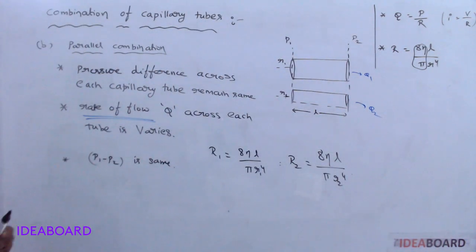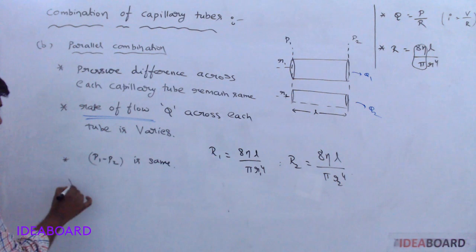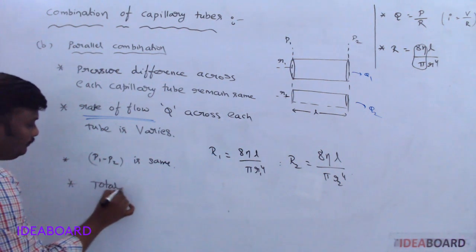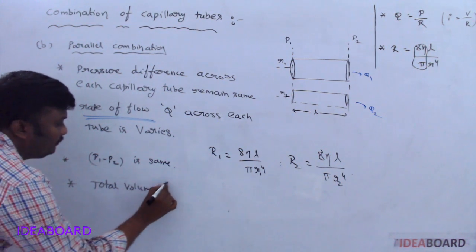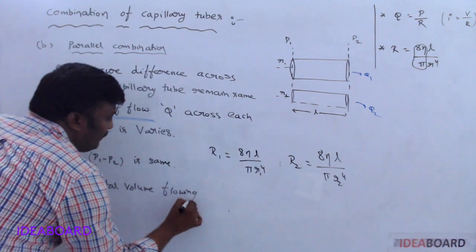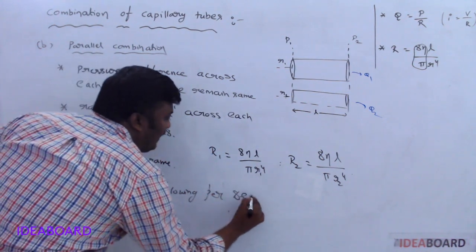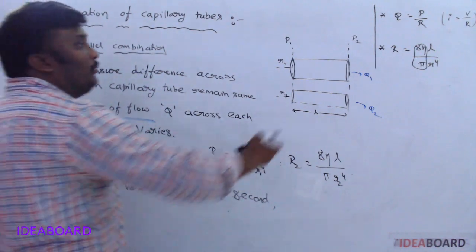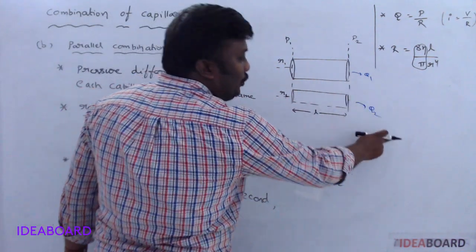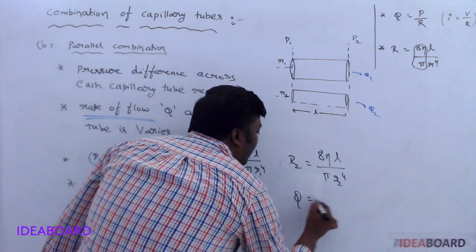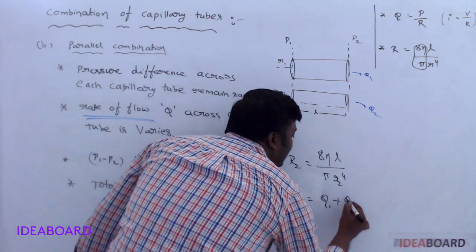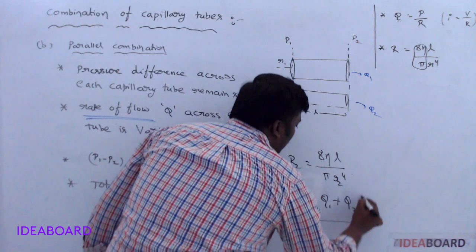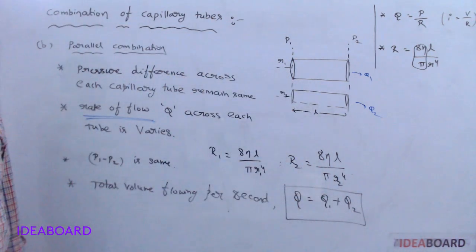Then the total volume flowing per second. What is the value of the total volume flowing per second? Here Q1 is going, Q2 is going, so the total volume is nothing but Q1 plus Q2.